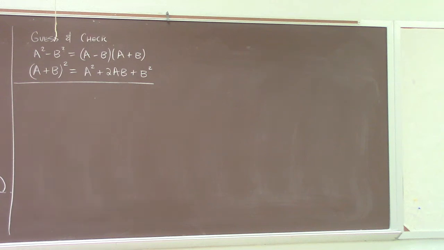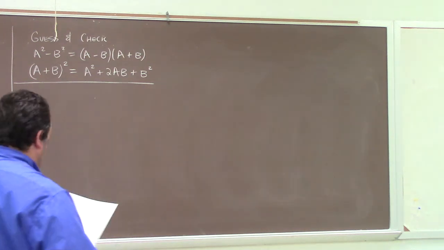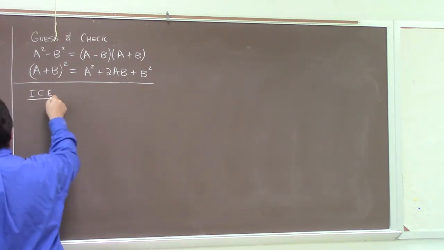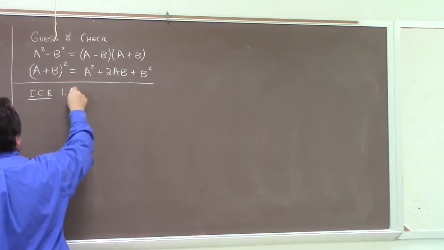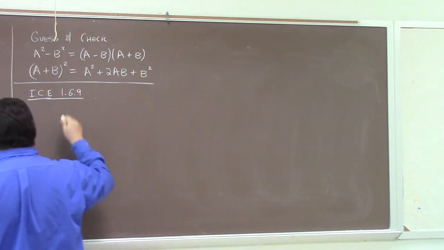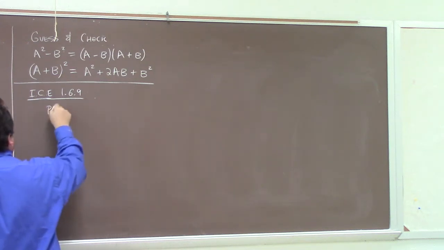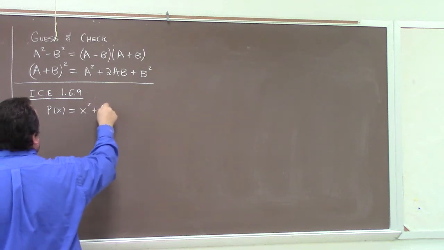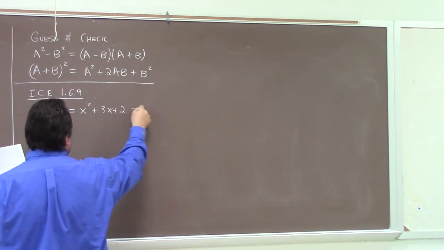Okay, so in class example 1.6.9, we have p of x equal to x squared plus 3x plus 2.